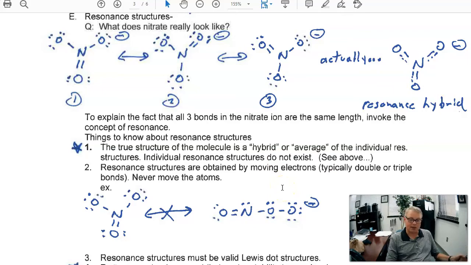The problem is, it's a much, much more complicated theory. When you start looking at transition metal chemistry, you have to use molecular orbital theory. You don't have a choice. And that's why you can take a nice third-year inorganic class that deals with all that stuff, and you will see molecular orbital theory in all its full glory. There are times in organic chemistry when we have to talk about molecular orbital theory, but we try to keep it to a minimum, at least at the sophomore level.